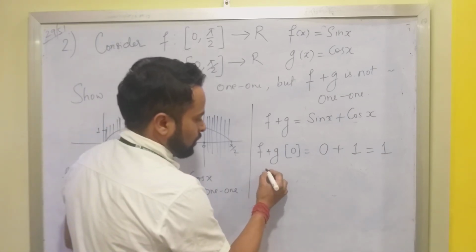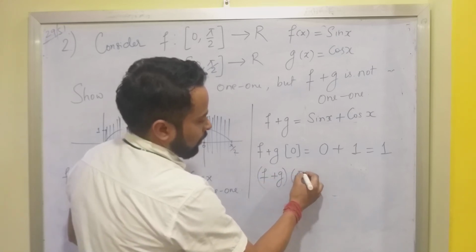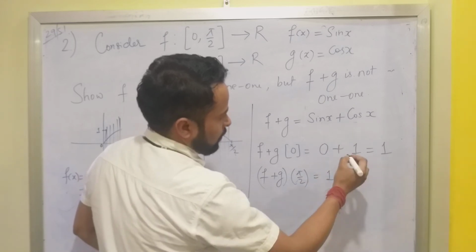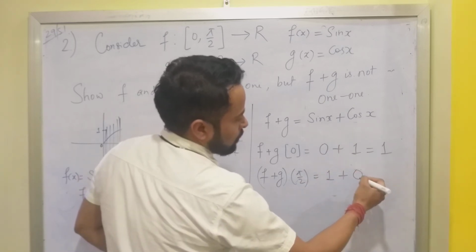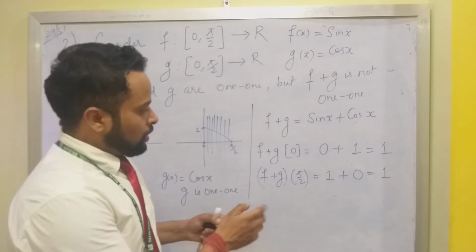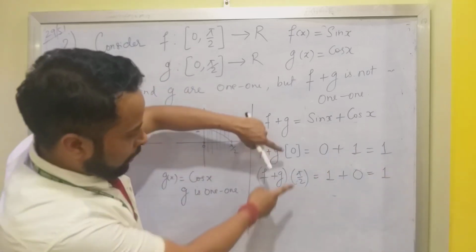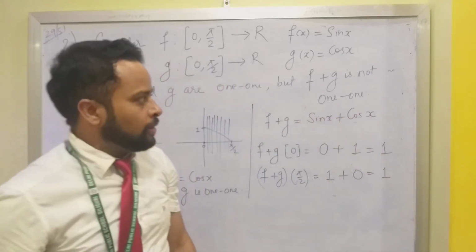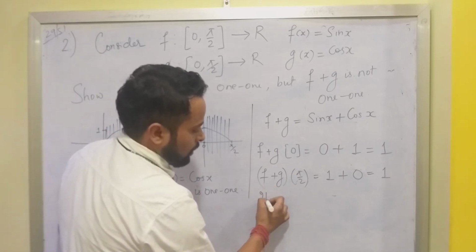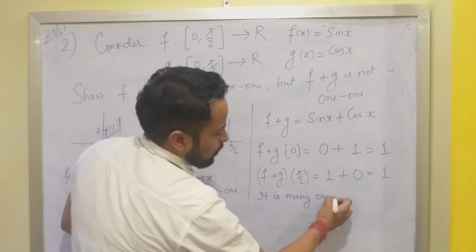If I take 90, pi by 2, sin 90 is 1 and cos 90 is 0, giving 1. So you can understand that two different inputs give the same output, many to one. So it is not one-one. It is a many-one function.